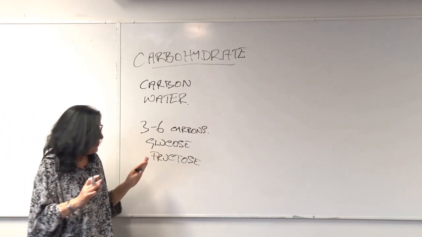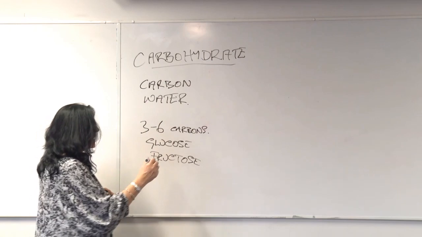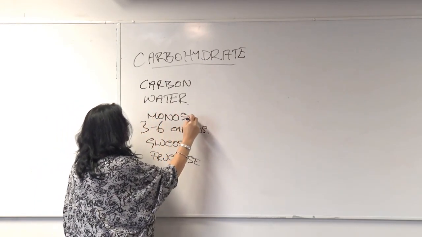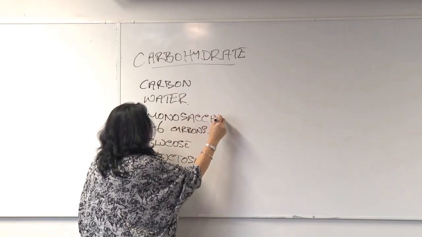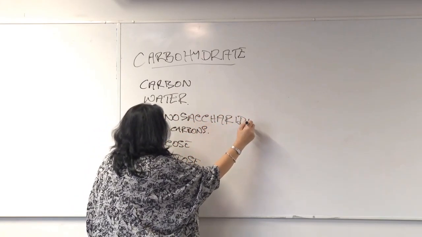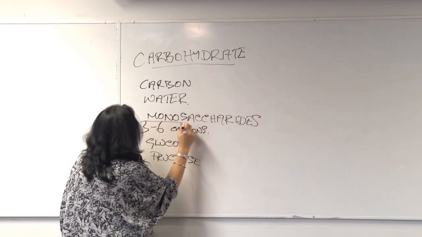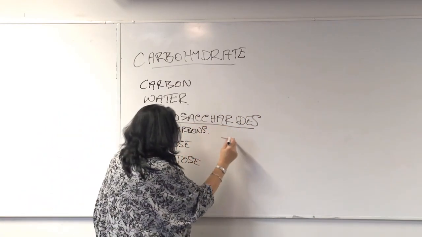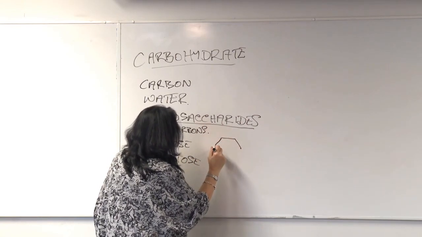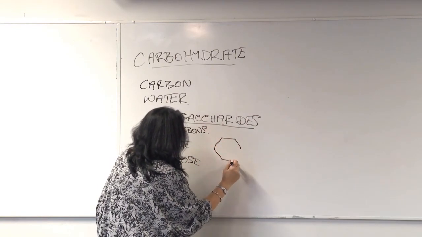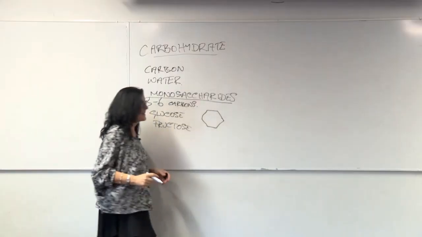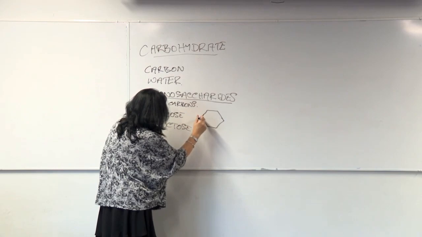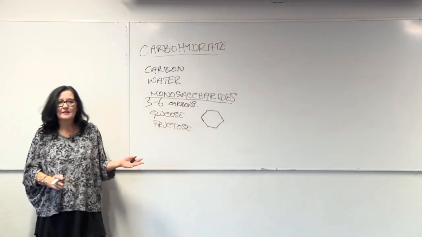So these are simple monosaccharides. And basically, they look like this. They're that straightforward. Except when I draw them, in which case they don't look very good. But you get the idea. Monosaccharides.